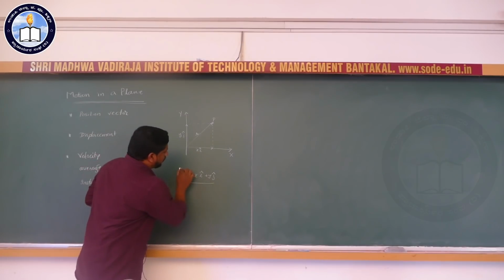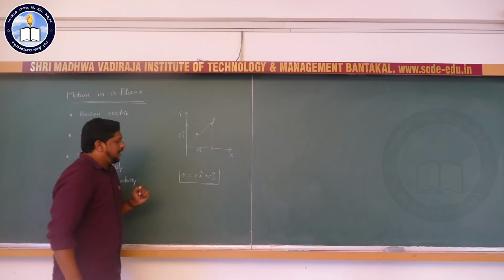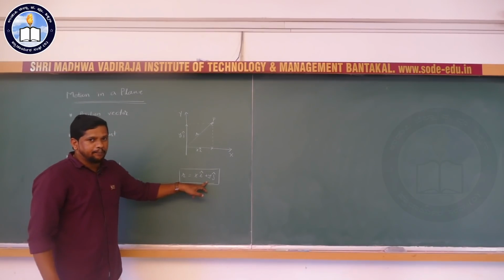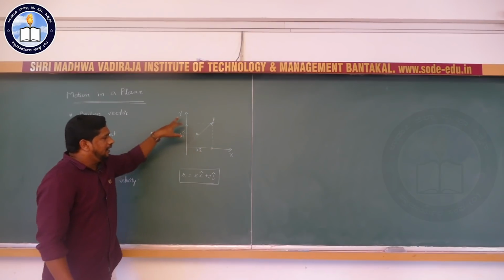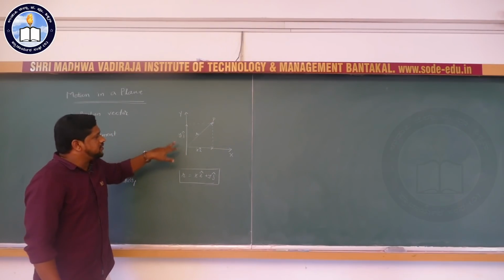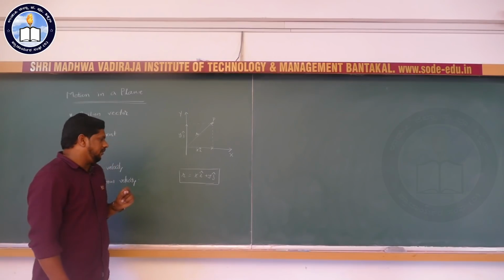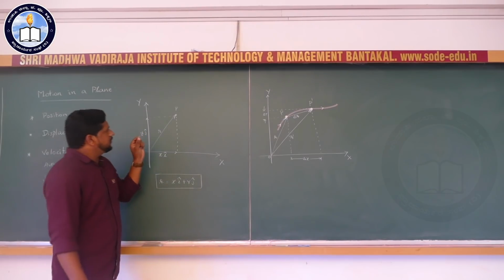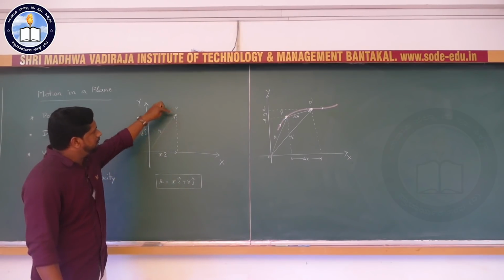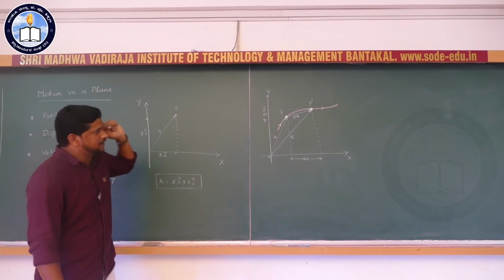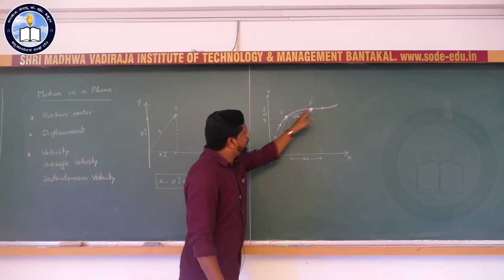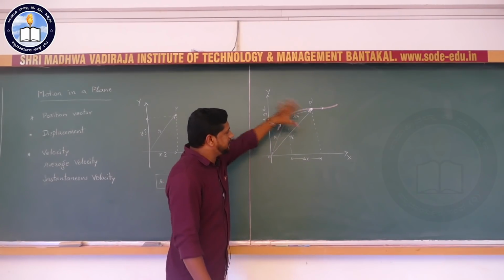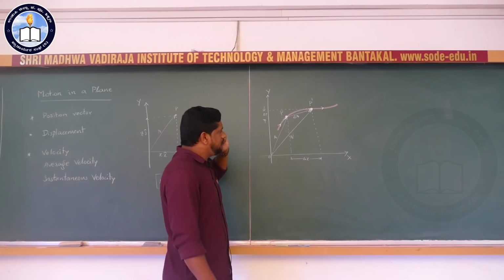Therefore, R is equal to x i cap plus y j cap represents the position of the particle P in two dimensions, or in a plane. Suppose instead of a fixed position, assume that this particle is moving along this circular path in the same xy plane.